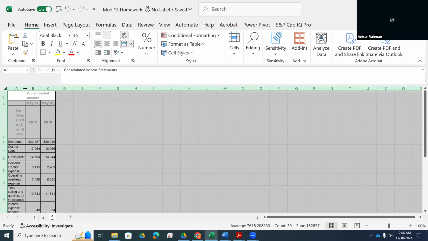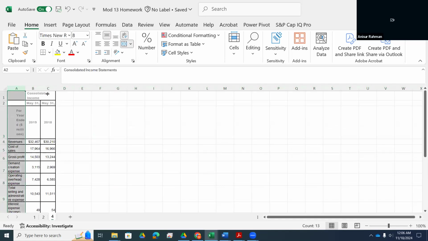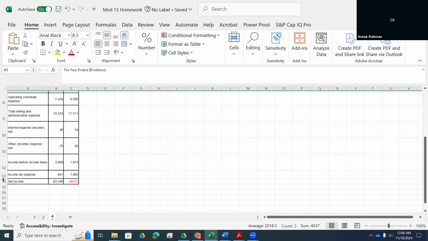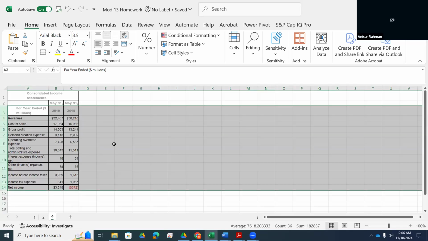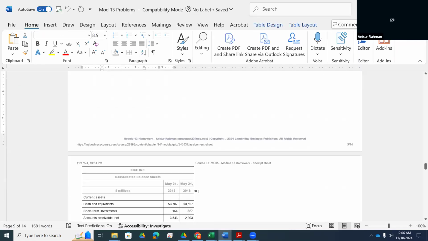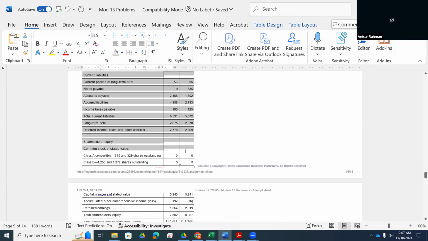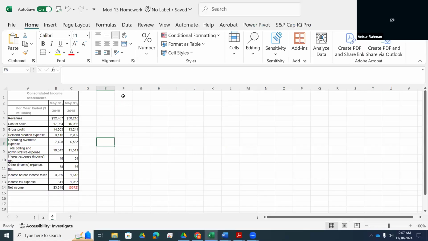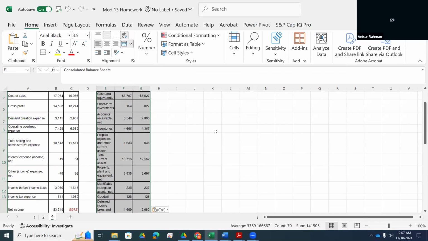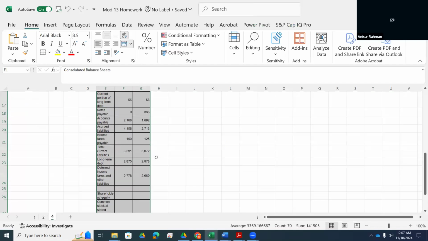Let me make it look a little nicer. Okay, and then our consolidated balance sheet. I'll copy up to this, and then I'll manually copy this one, which I missed.